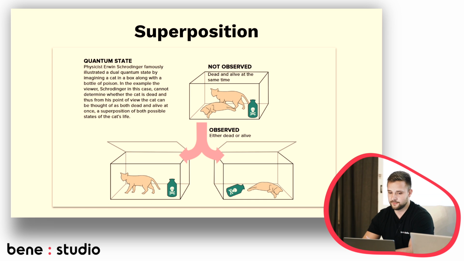In this image, superposition is illustrated by a cat inside a box with a bottle of poison. The question is whether the cat is alive or dead, but from this point of view, the cat could be both alive and dead at the same time, so we can think about it this way.